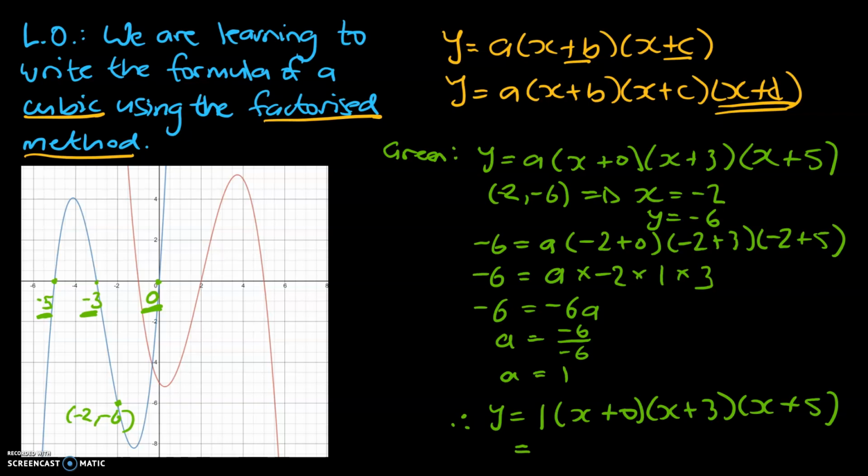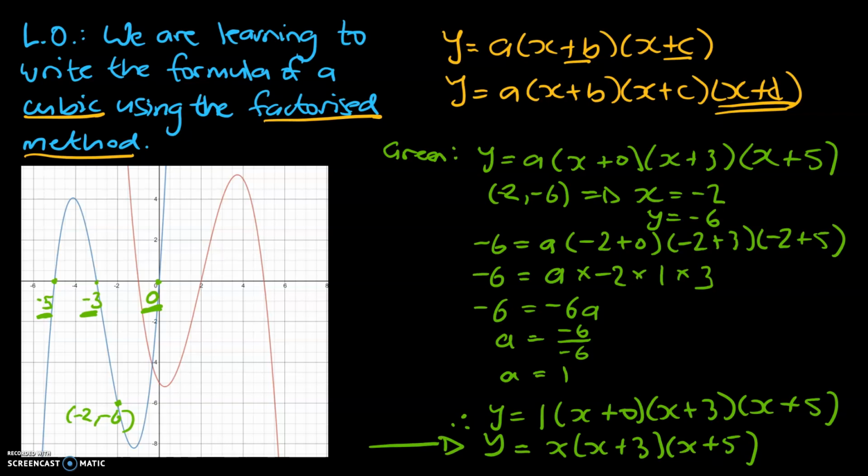X plus 0, we don't need that in a bracket. That's just going to be x by itself. And the two remaining brackets, x plus 3 and x plus 5, will be unchanged, leaving that bottom line our final formula for the blue cubic.